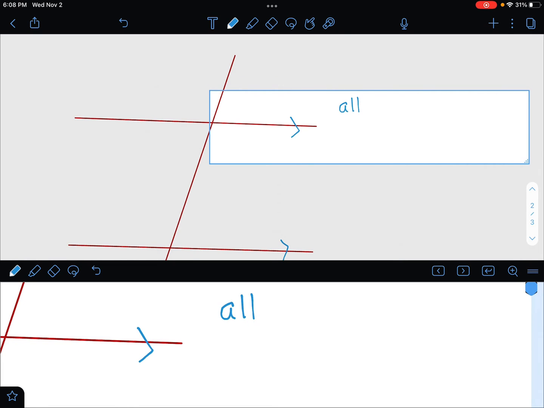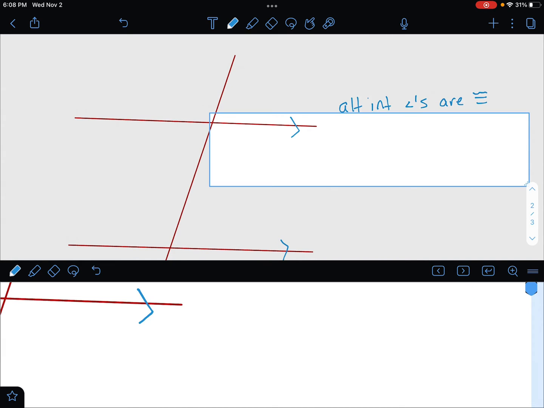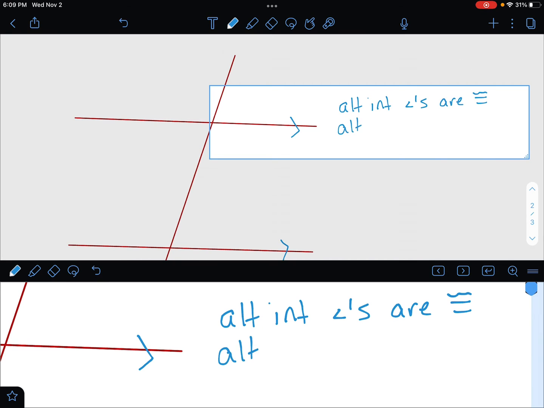So what we know is alternate interior angles are congruent. They're equal. They're exactly the same. Alternate exterior angles are congruent. They're exactly the same.